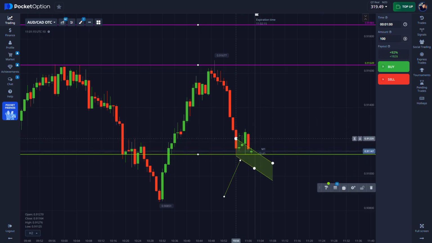Looking at going up now. Take out the buyers and fuel to go up.